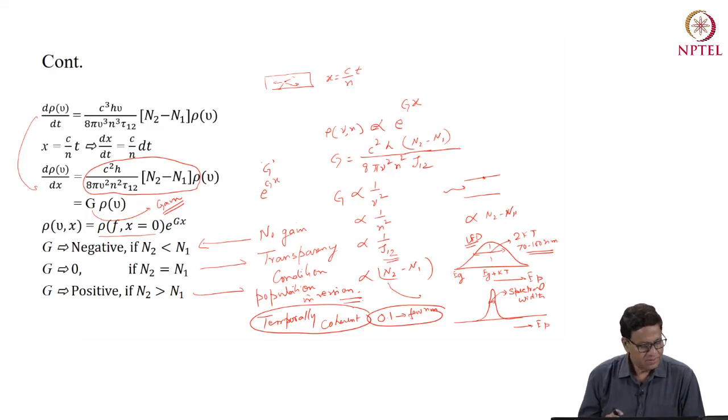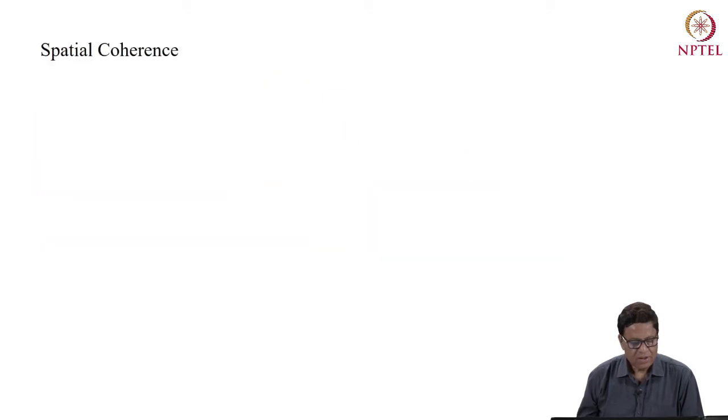So we have done some analysis and understood why the spectral width in case of a laser diode is very less and the source is temporally coherent. Now let us see the other part, that is spatial coherence.